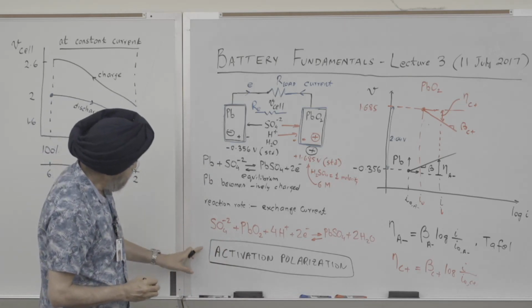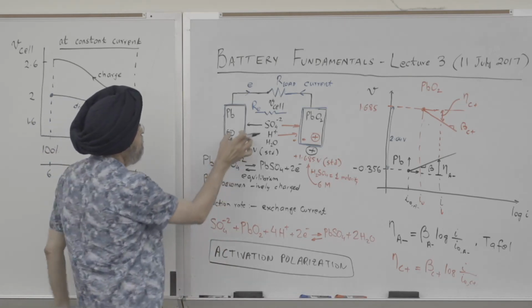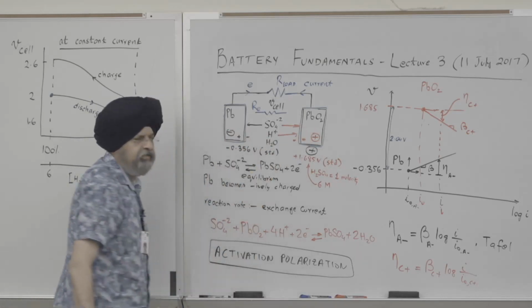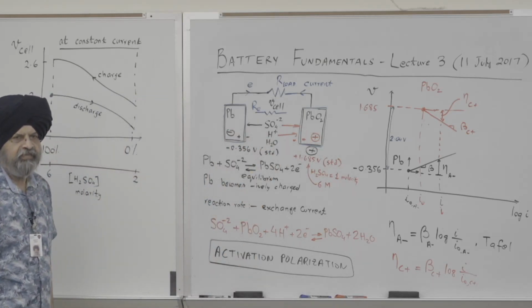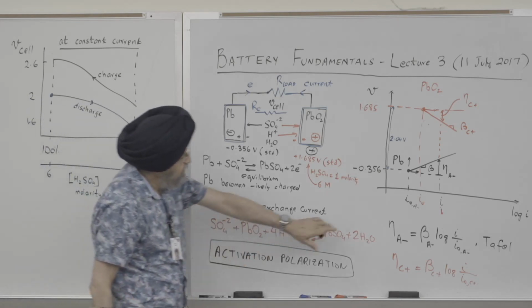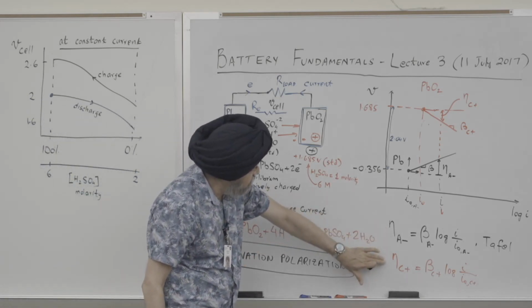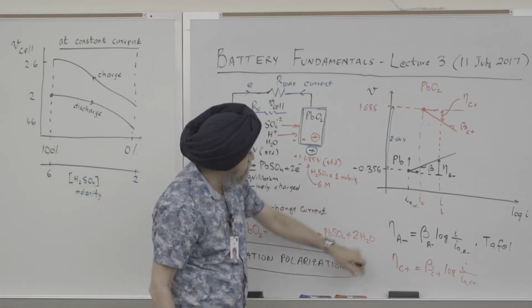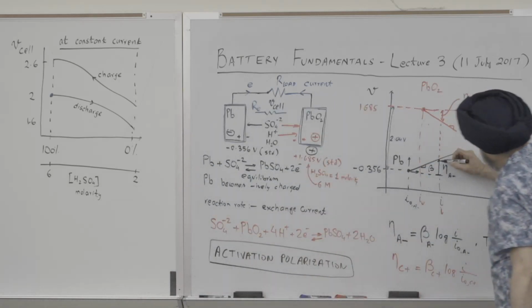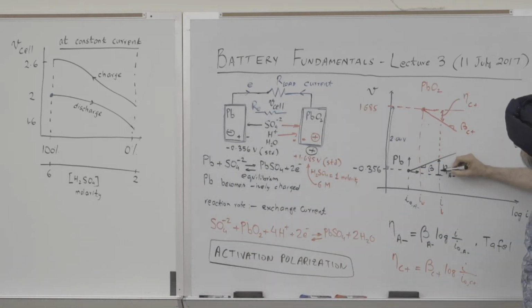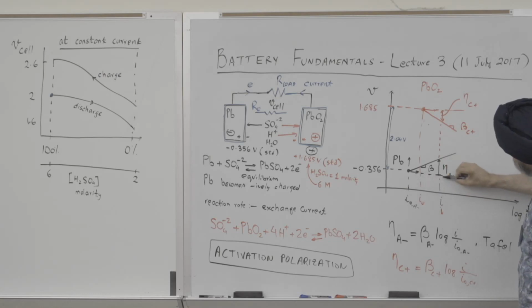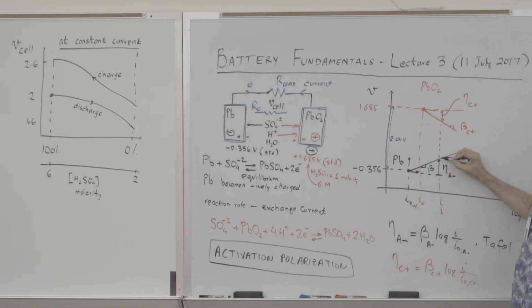So what activation polarization is, these voltages change because of current flow. So how much change do we have? That's the change. So these are the voltage deviations. On the lead, this was the open circuit voltage, and because of current flow, the voltage has changed across that electrode.